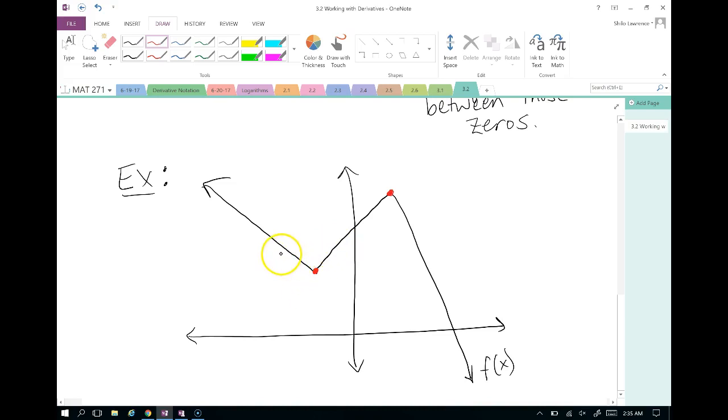as you approach in from one side, the slope is negative. As you approach in from the other side, the slope is positive. And there's no gradual change from one value over to the other. One value just stops and completely jumps to the other.